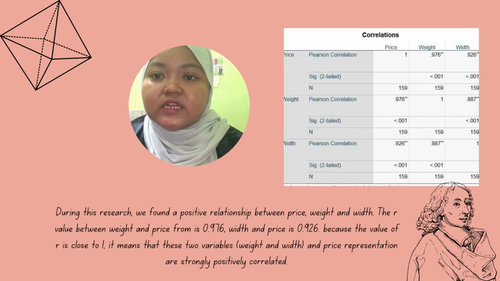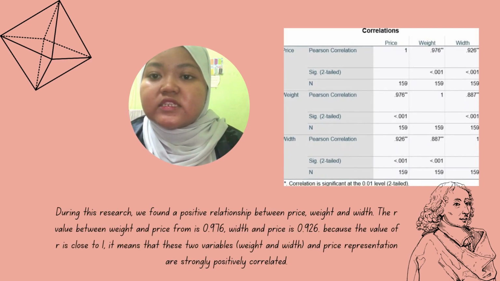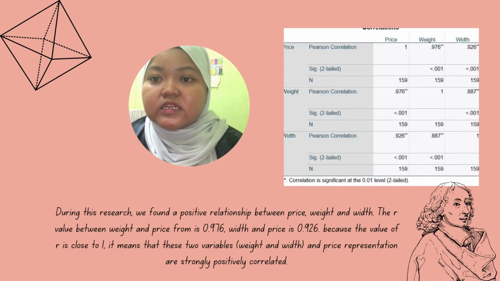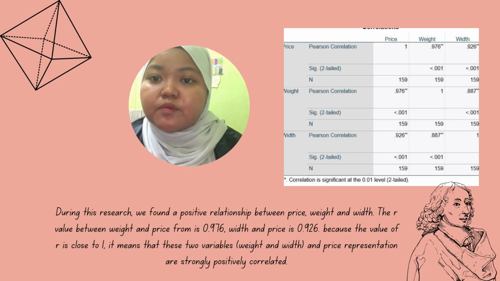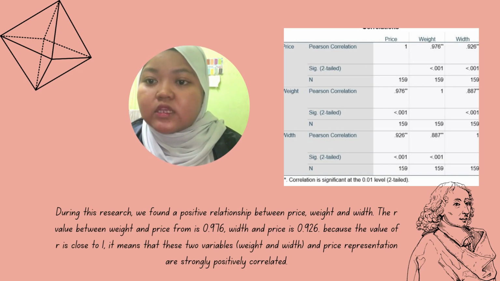Second, I want to talk about correlation analysis. Correlation analysis is a statistical method used to find out whether there is a relationship between two variables or sets of data, and to what extent the relationship is possible. During this research, we found a positive relationship between price, weight, and width.